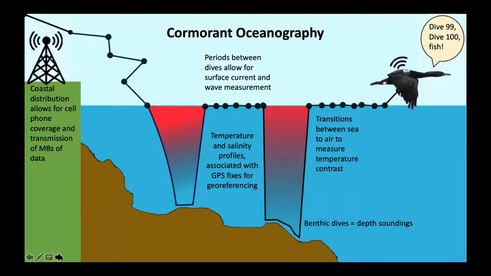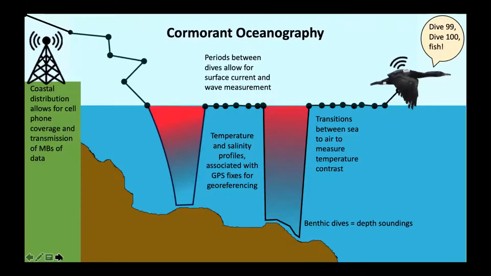This is a schematic that shows a foraging cormorant, which pulls all these variables together. I have my square coast on the left-hand side, and it is important that these birds have this really near-shore coastal distribution so that they stay within cell phone range, so they're able to transmit the volume of data that the tags are capable of collecting.